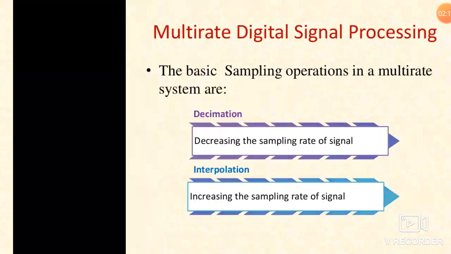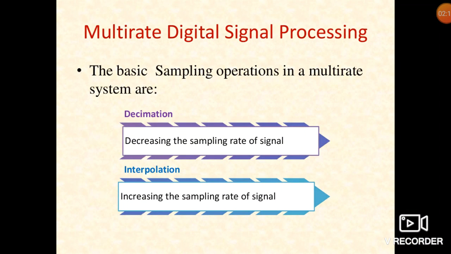As we have discussed the advantages, now we will see how multi-rate signal processing can be done. As in one system we have more sampling rates, we have to convert from one sampling rate to another. That process is done by two operations: decimation and interpolation.